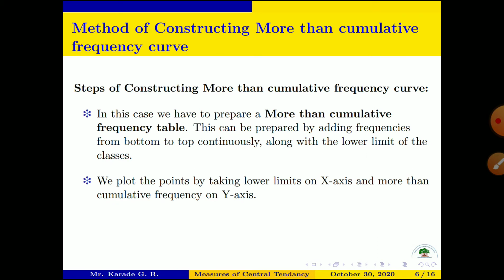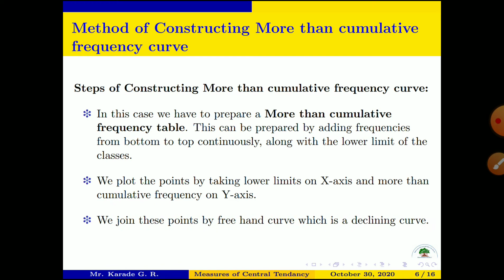We plot the points by taking lower limits on the x-axis and more than cumulative frequency on the y-axis. We join these points by a freehand curve, which is a declining curve. In the last lecture, we saw that the less than cumulative curve is an increasing curve, but in this case the more than cumulative frequency curve is a declining curve.